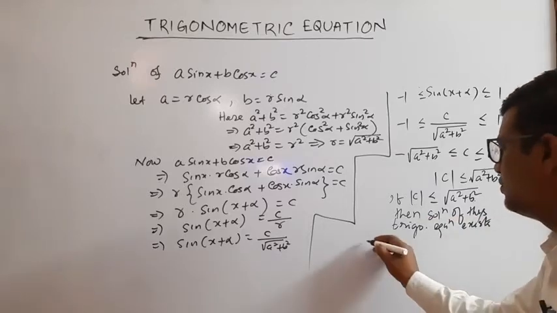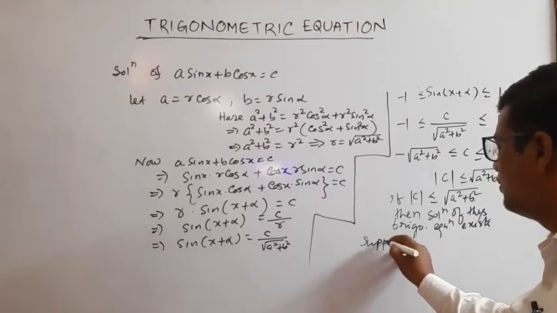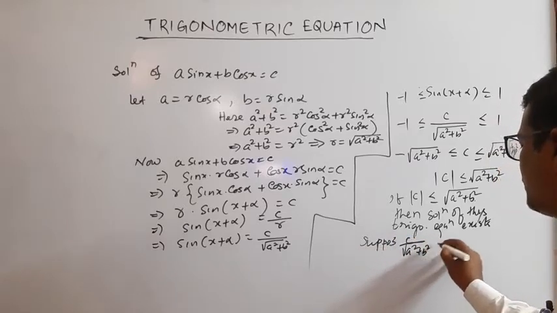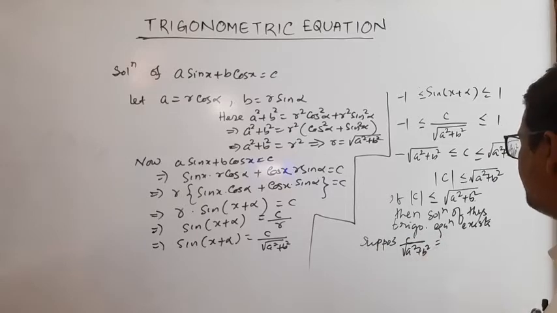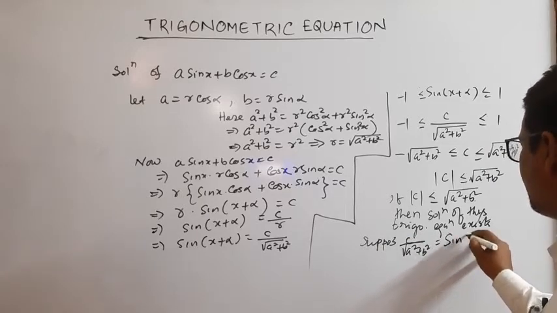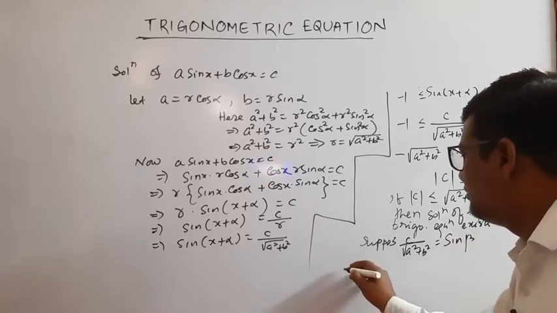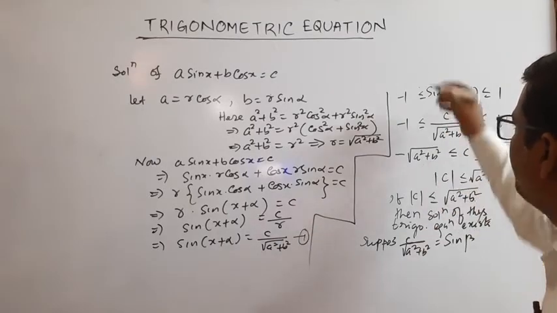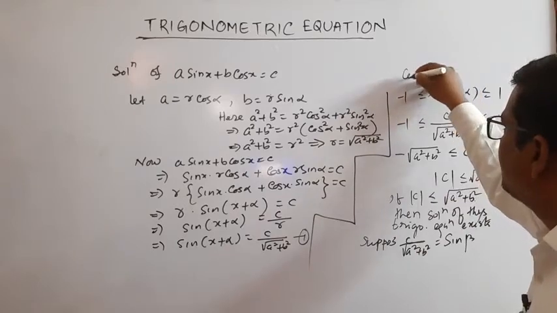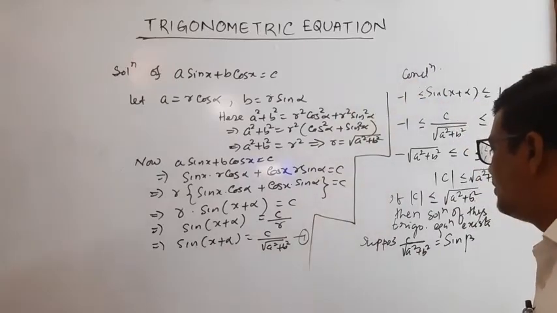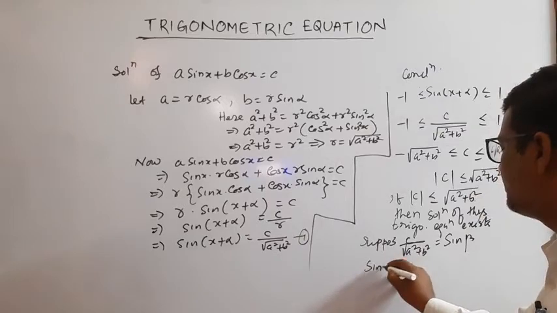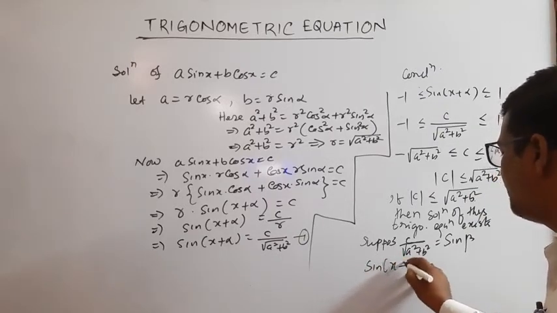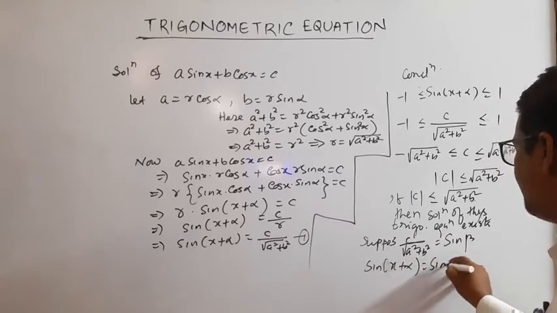And suppose c by root over a square plus b square is equal to, suppose, sin beta. Suppose this is equation 1. So sin of x plus alpha is equal to sin beta.